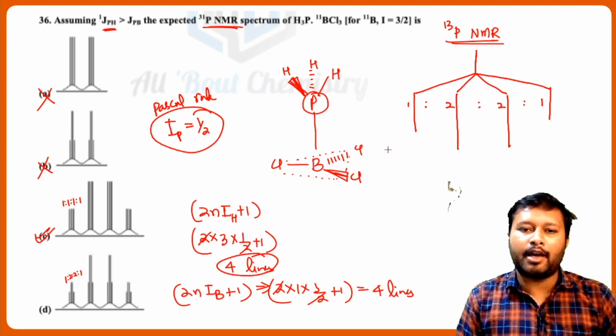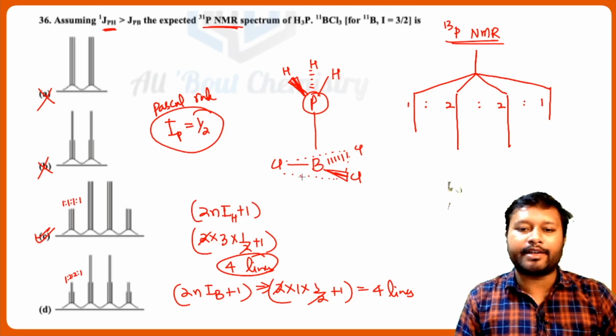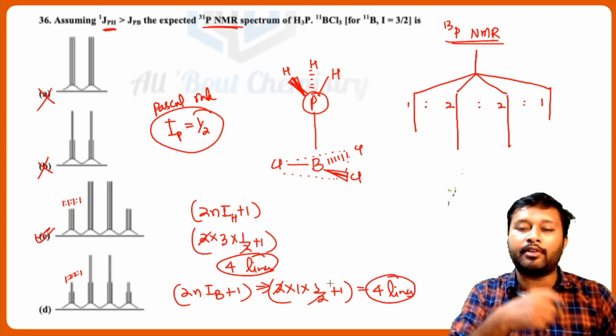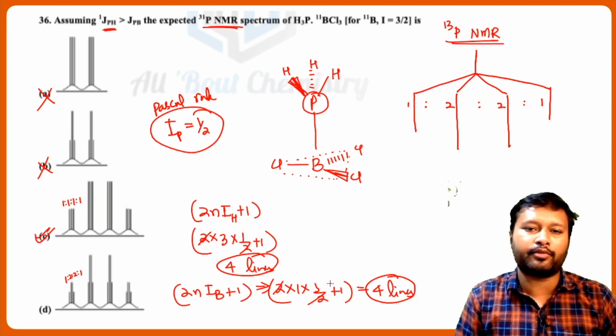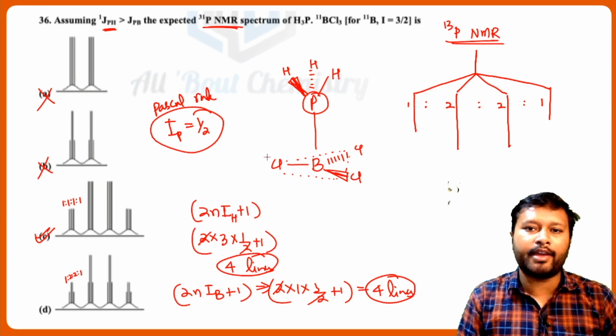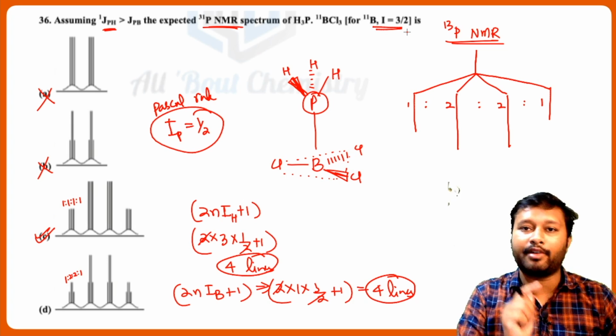Now the next species which is going to cause splitting is boron, and since boron is also going to cause splitting into 4 lines, the lines are going to further split into 4. But here these 4 lines will not follow Pascal rule. Why? Because in the question the I value for boron was given as 3/2, it's not 1/2.